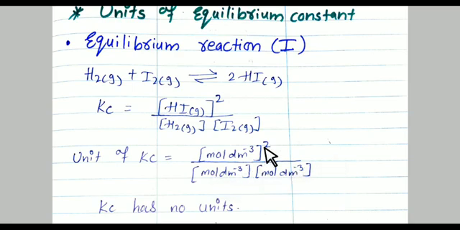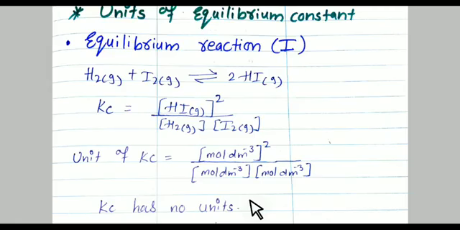So in the numerator the unit is mole per decimeter cube squared, and in the denominator mole per decimeter cube squared. Both are cancelled, which means for this reaction there is no unit for Kc, no unit for the equilibrium constant.